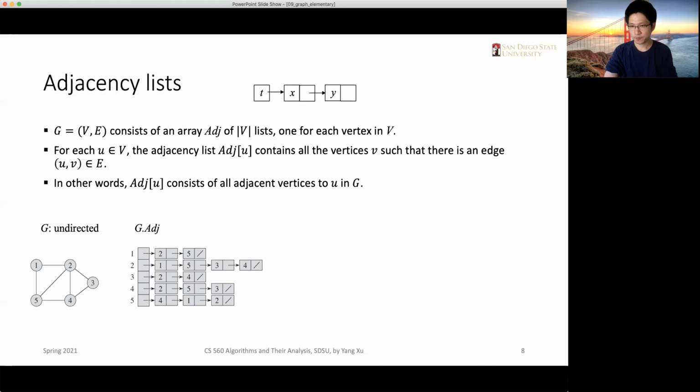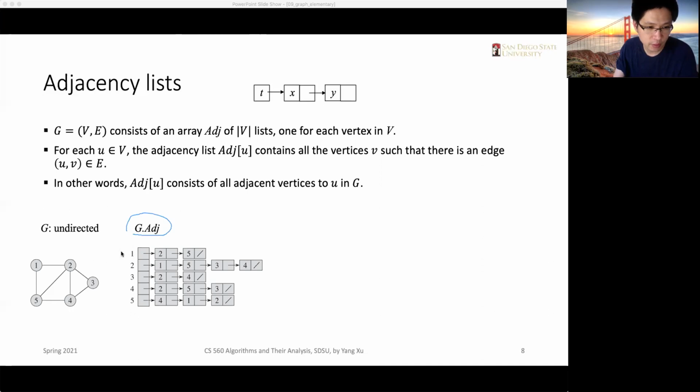So there's little difference between a directed graph and an undirected graph. We first look at this graph with no directions, right? And the adjacency lists are stored in these attributes.